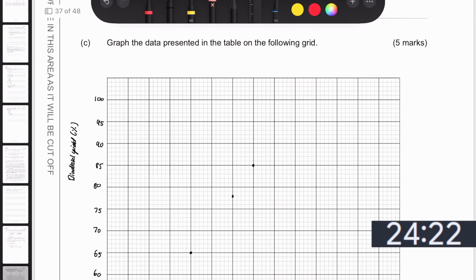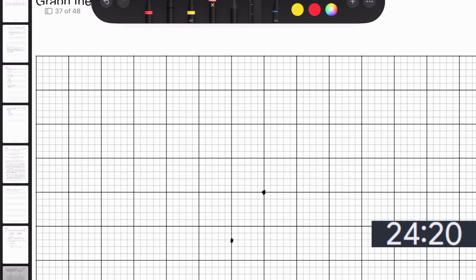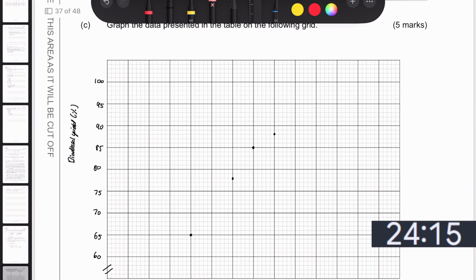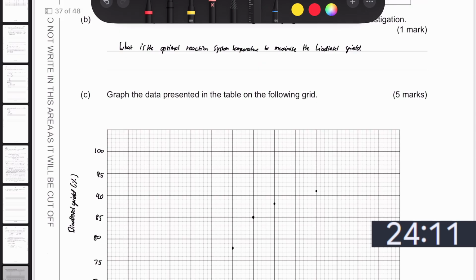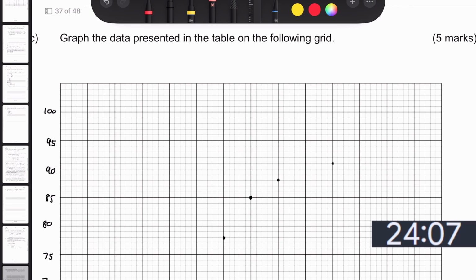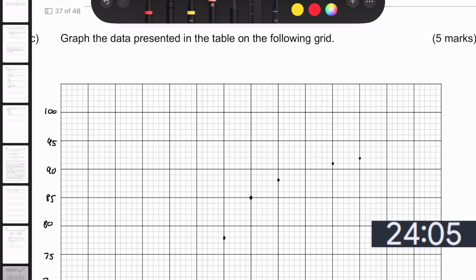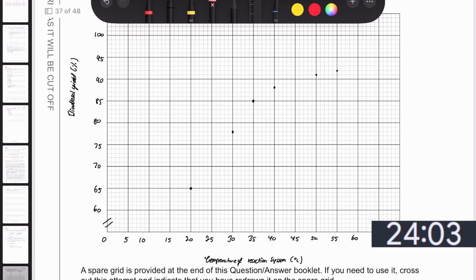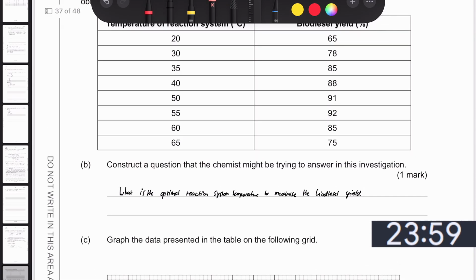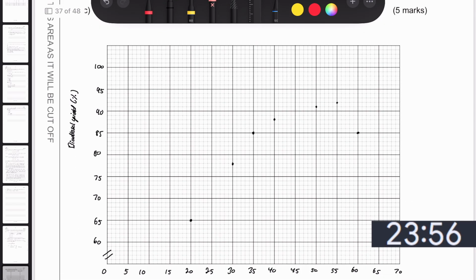At 40, we are at 88. At 50, we are at 91. At 55, we are at 92. At 60, we are at 85. And then at 65, we're at 75%.